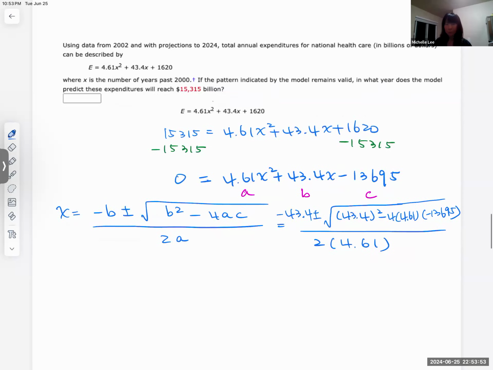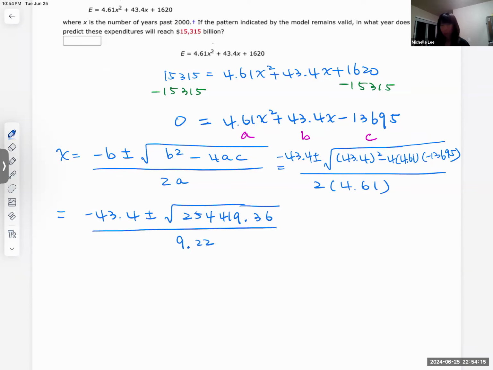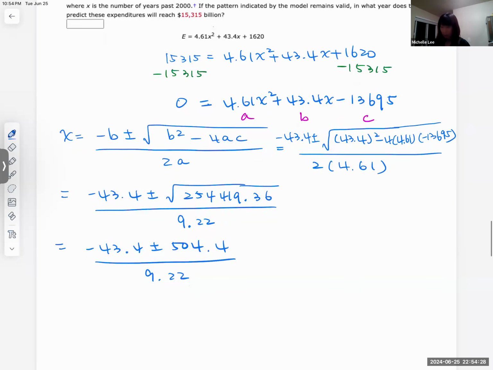Okay, now let me save the time. So negative 43.4 plus minus, inside it will be 254,419.36, all over 9.22. So please calculate. Okay, then there will be negative 43.4 plus minus 504.4 over 9.22.